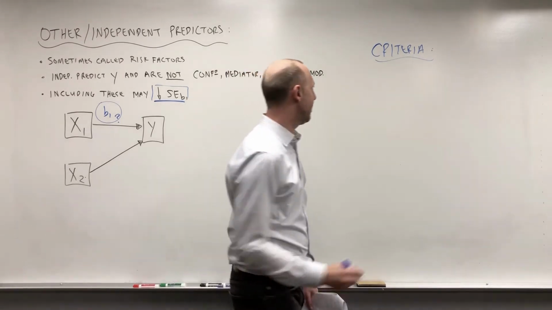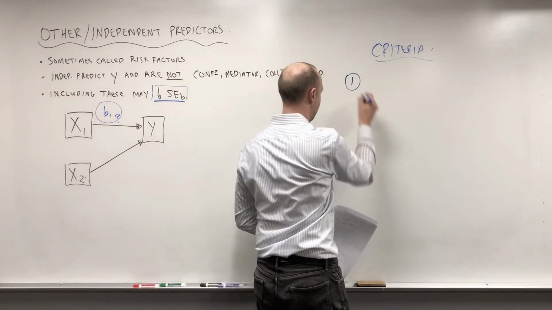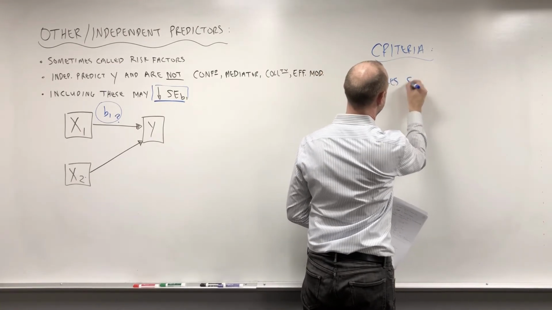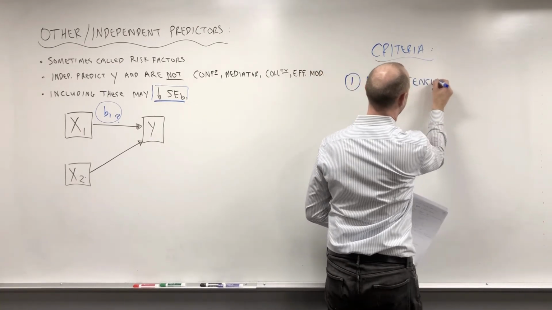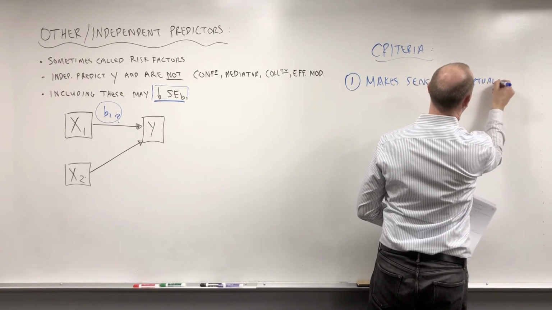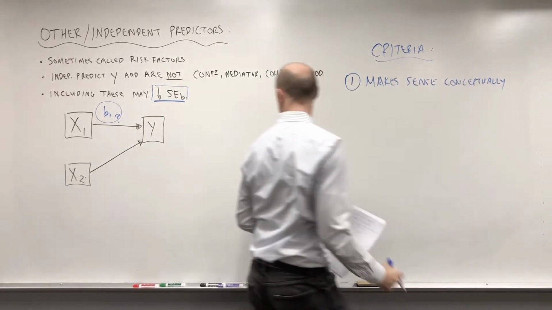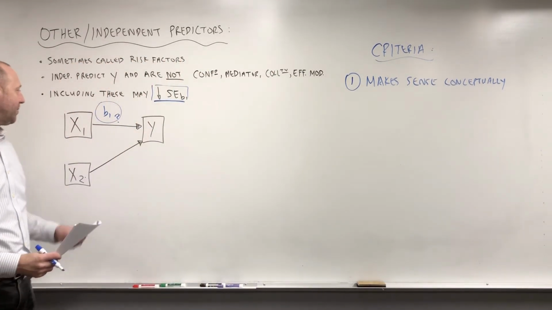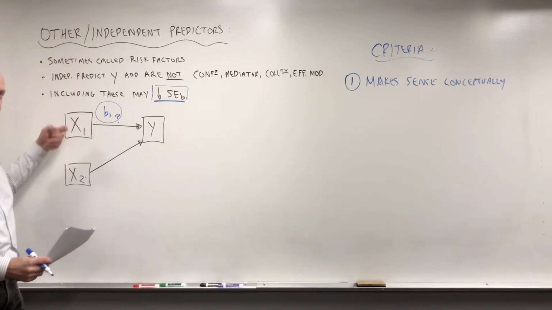So some of the criteria for identifying these. Our usual one: it makes sense conceptually. It makes sense that x2 is associated with the outcome, and it makes sense that it should not be associated with x1.